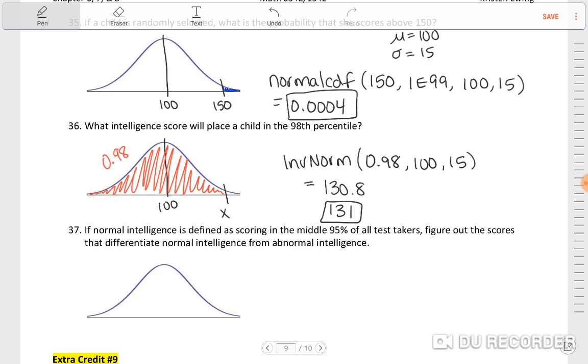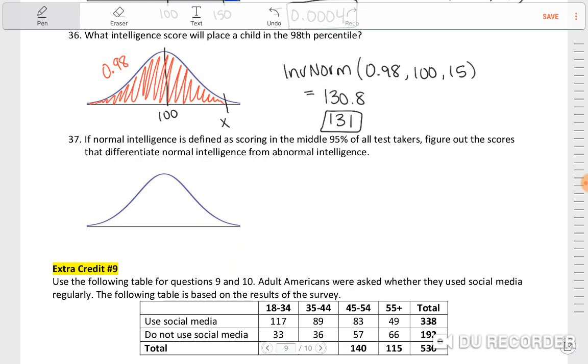Okay, and then let's see here. If normal intelligence is defined as scoring in the middle 95% of all test takers. Yes, I have one like this too. The middle 95% of all test takers. Figure out the scores that differentiate normal intelligence from abnormal intelligence. Okay, so your mean, again, 100. So if it says the middle 95%, that means I'm going to cut this here and here.